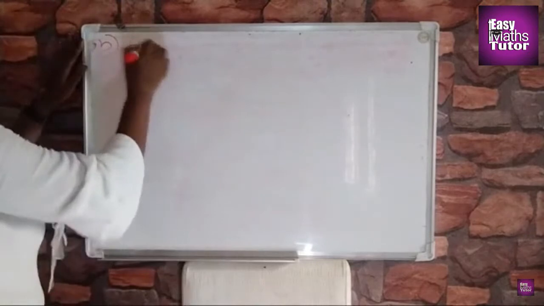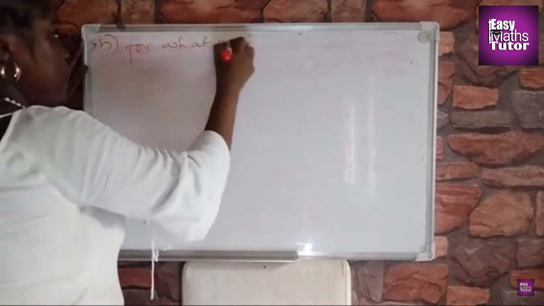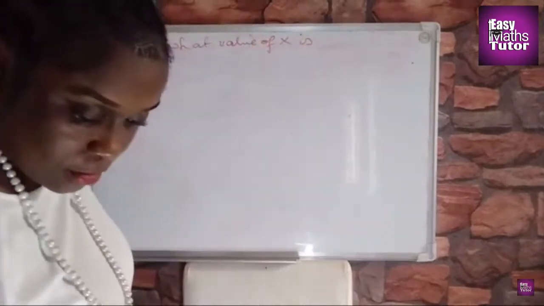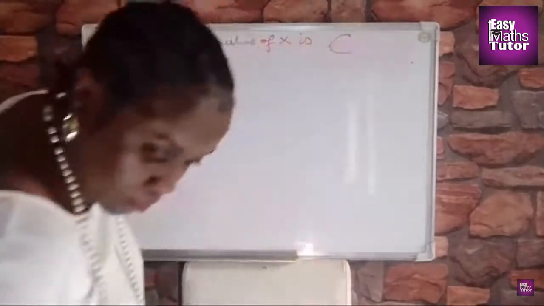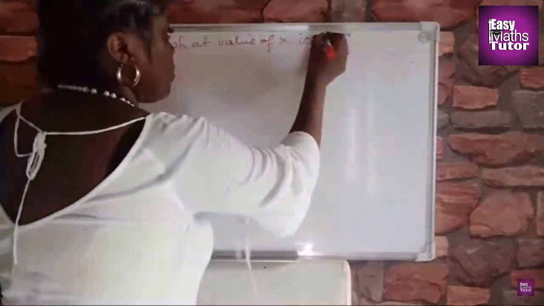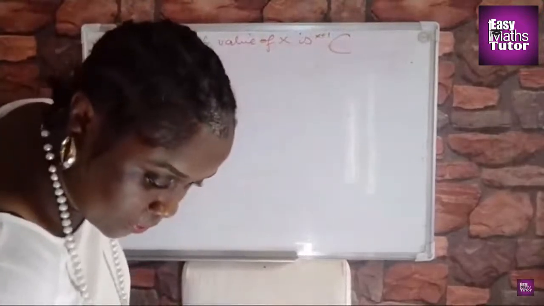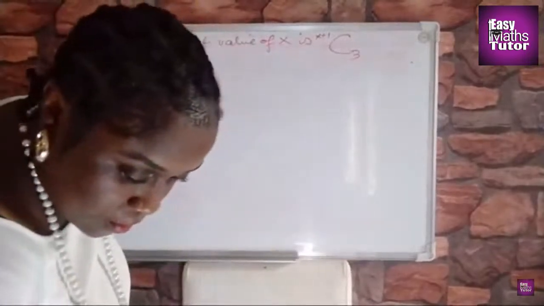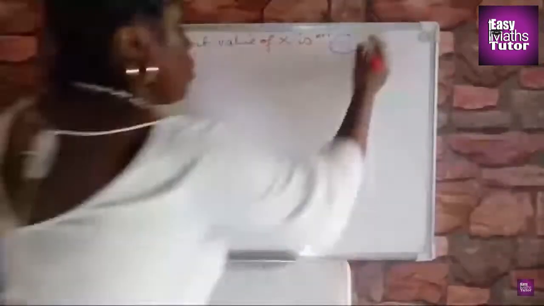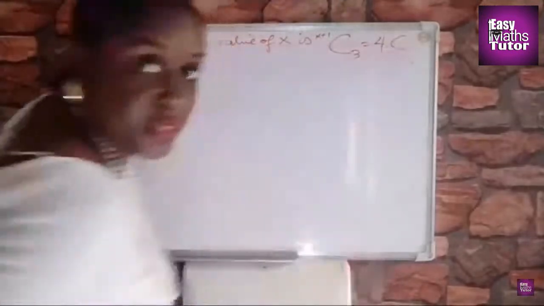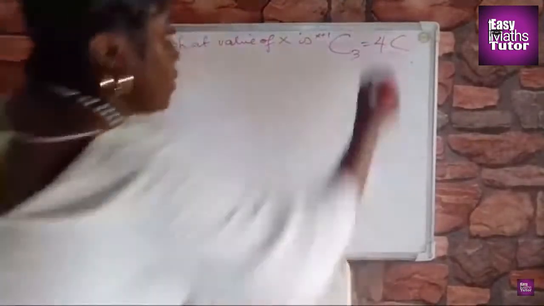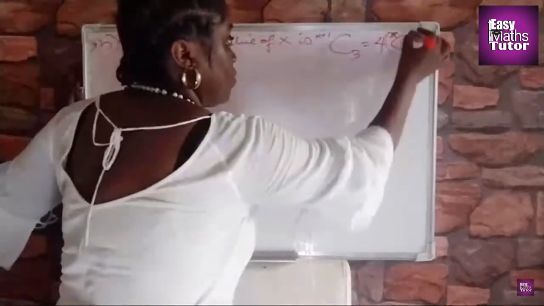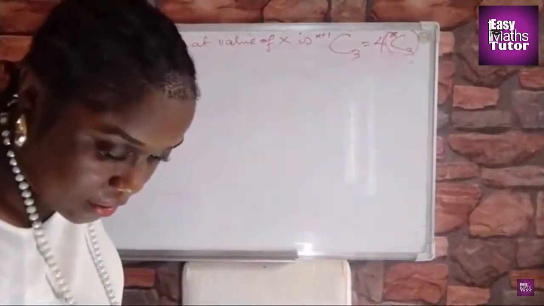For what value of x is (x+1) combination 3 equal to 4 times x combination 3?